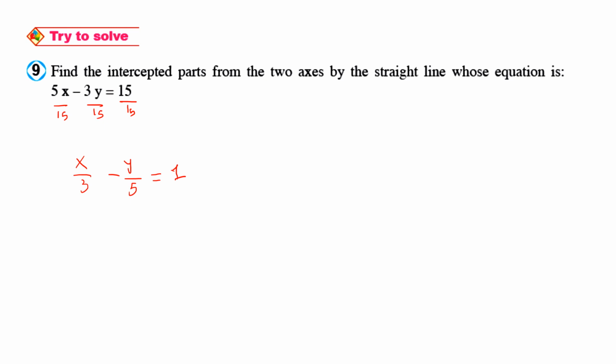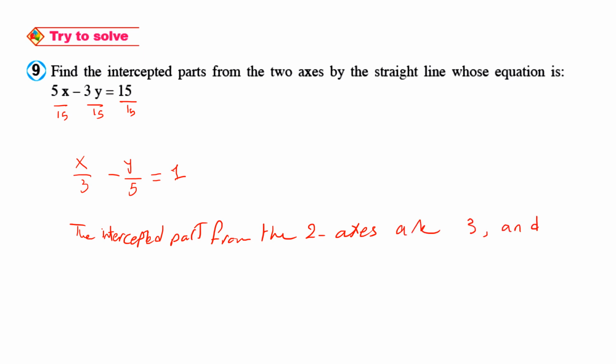So the intercepted parts from the two axes by the straight line are 3 and -5 for the x-axis and y-axis respectively.